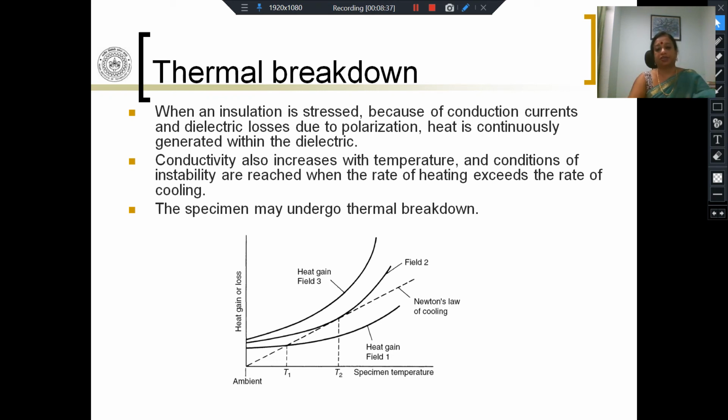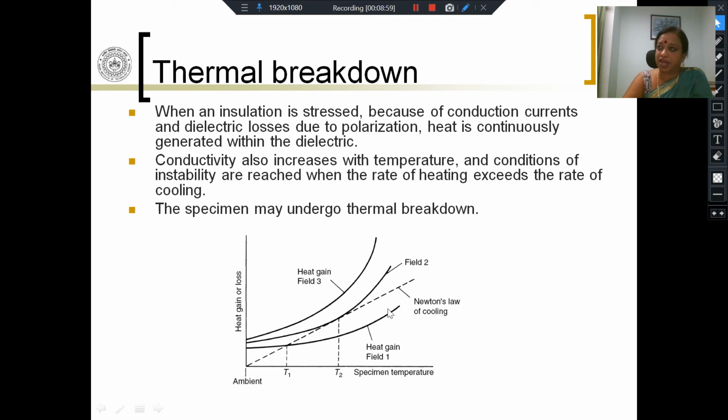undergo thermal breakdown. So here, if you see, you have three plots. The dashed curve gives you the heat lost versus temperature. It's increasing with temperature. And then you have three plots. This is when you apply a particular field.